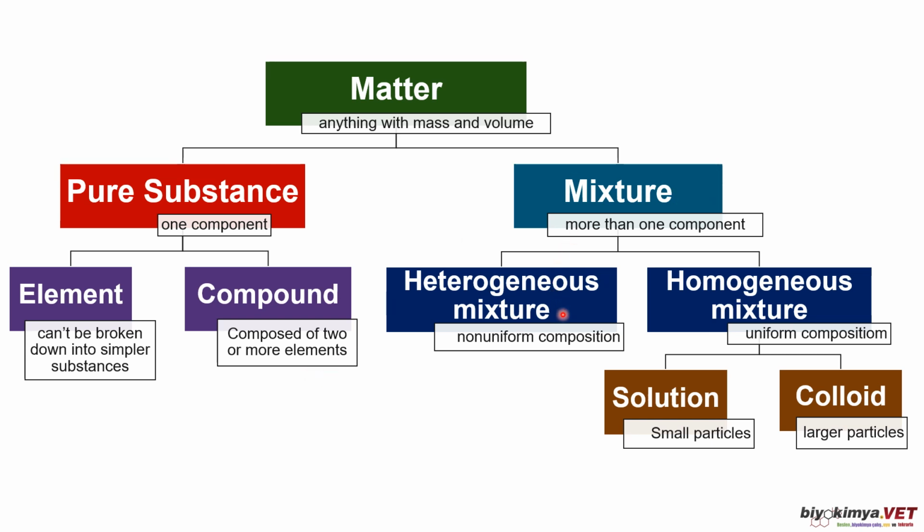A mixture can be heterogeneous, with non-uniform composition, or homogeneous, with uniform composition. A solution, which carries small particles, is homogeneous, and colloids, with large particles, are homogeneous. But again, don't forget the question mark. In nature, at the microscopic level, colloids are heterogeneous, not homogeneous. So be careful.